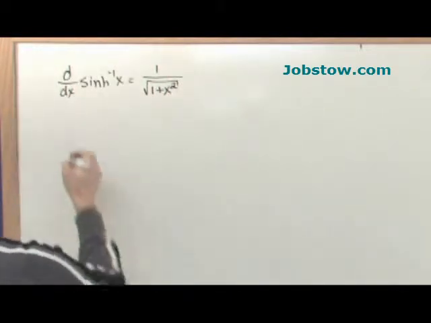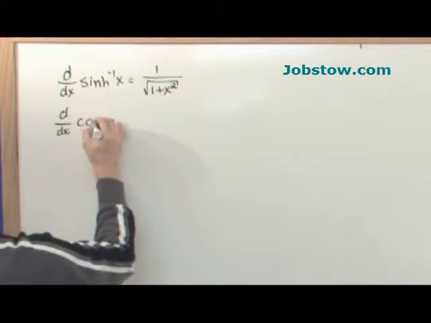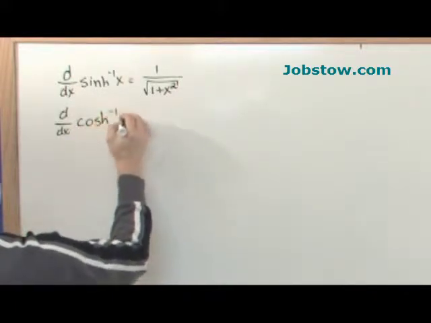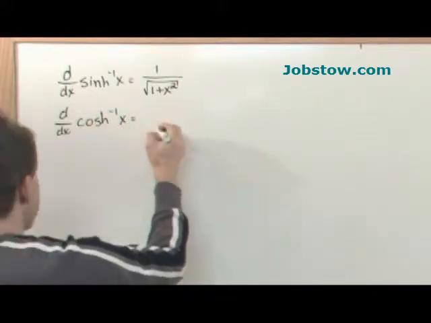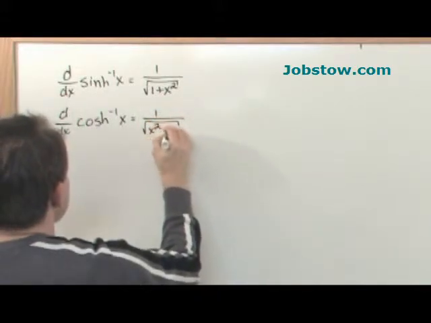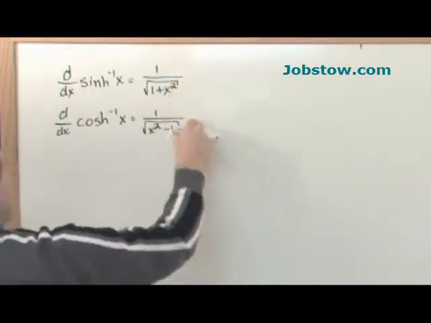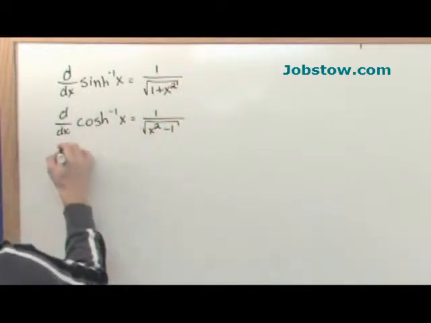The derivative of the inverse hyperbolic cosine is 1 over the square root of x squared minus 1. So you see there's already some similarity here, but they're not quite the same, obviously.